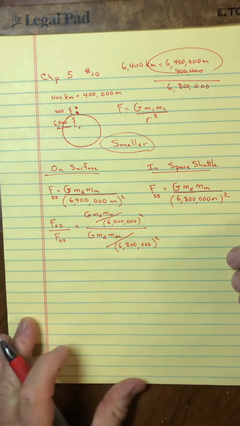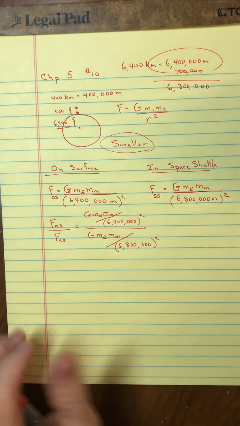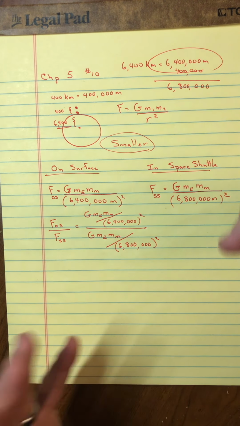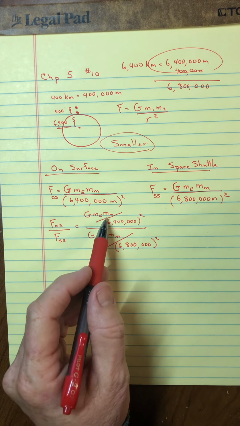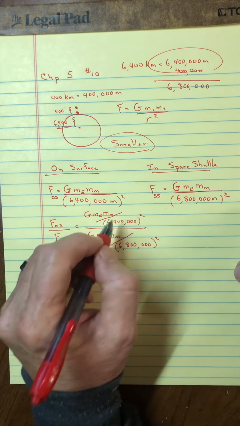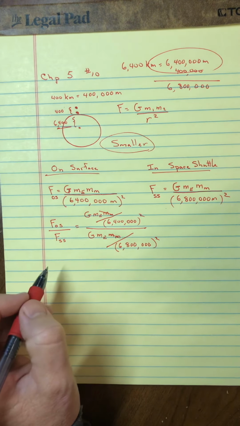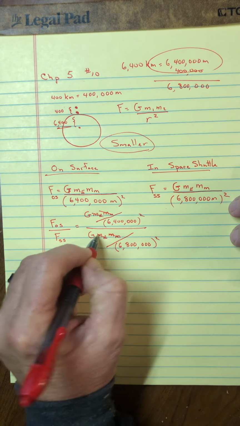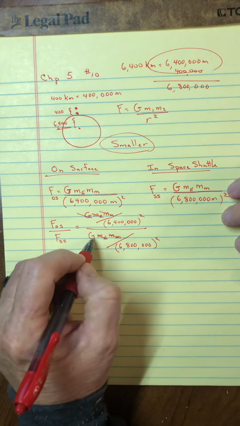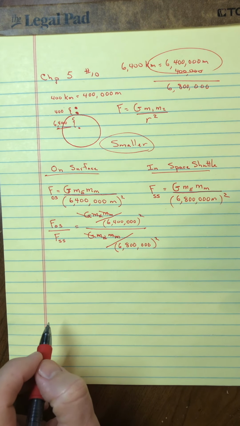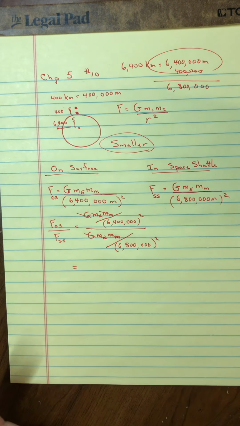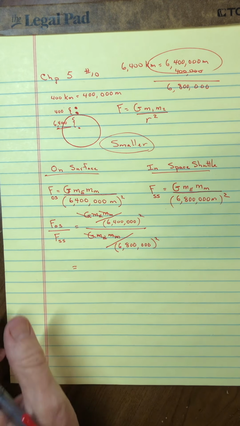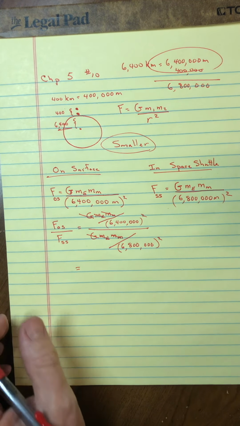And this is the part where if you're a little weak on your math, you may not have seen this coming, but that's why it wasn't important to really talk about the mass of the individual, because they cancel off. And for that matter, we don't even have to worry about the mass of the Earth or the universal gravitational constant. And now we can get this ratio, if you will.